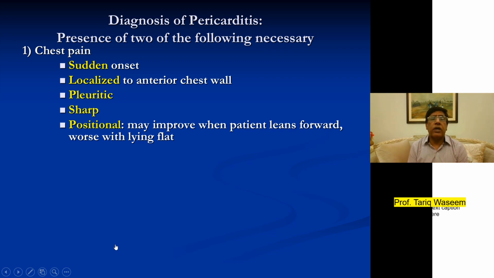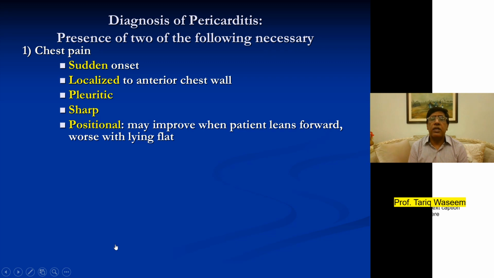It has a pleuritic character, which means that it is increased on inspiration and decreased on holding breath. Similarly, it is very sharp in character as opposed to myocardial infarction or anginal pain, which is more of a pressure and heaviness. It is not a very well localized sharp pain. But pericarditis pain is very sharp.